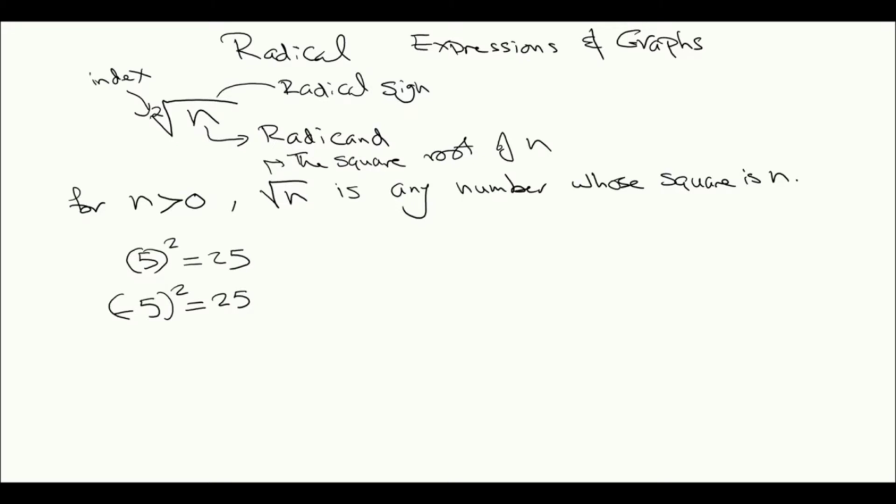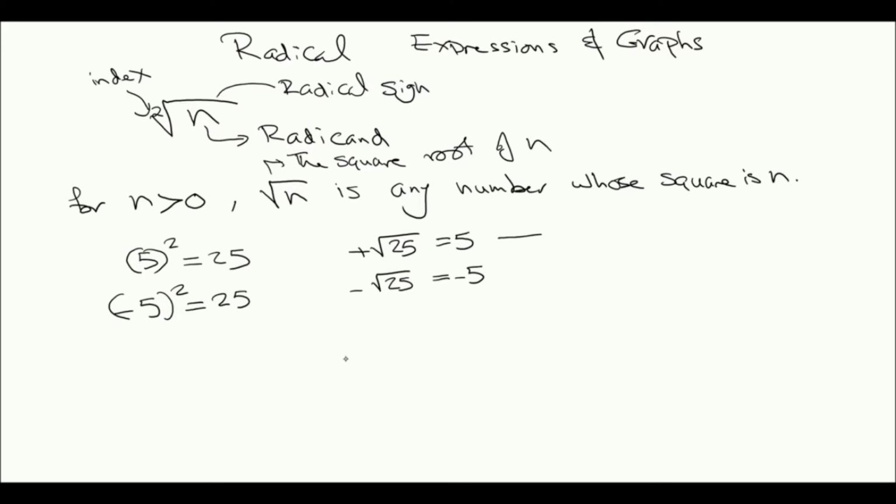So if the square root of a number is any number whose square is that number, then 25 isn't just going to have one square root, it's going to have two square roots. The way we say that is the positive square root of 25 is 5. But there's also a negative square root of 25, which is negative 5. We don't want to put the negative inside the square root. It stays on the outside.